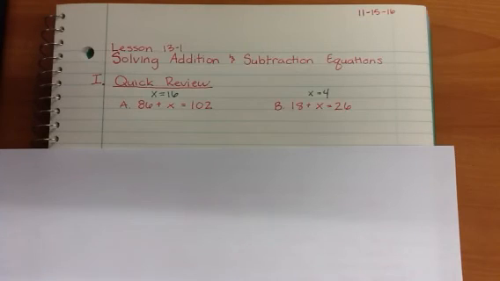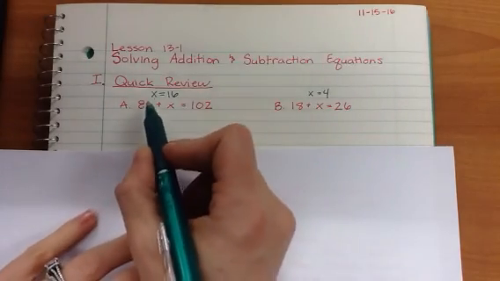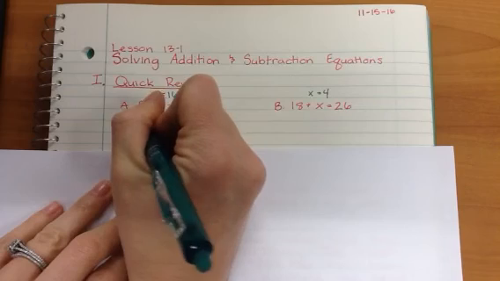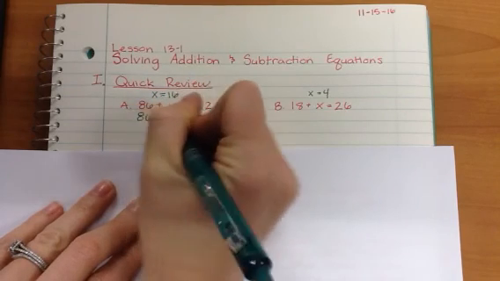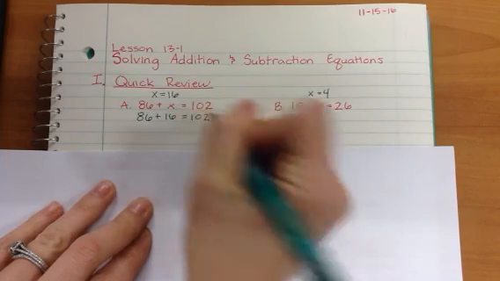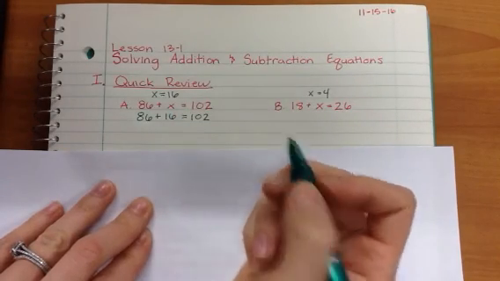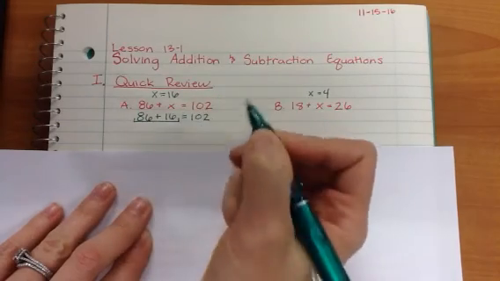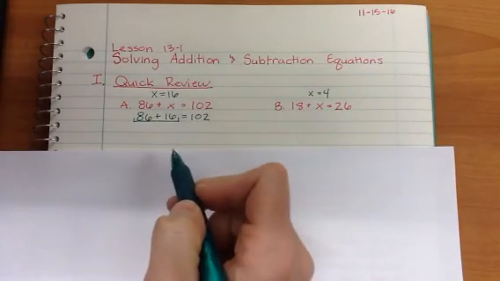Okay, so let's go ahead and work through these quick review problems. So first off, for A, I have x representing 16, so I'm going to rewrite my equation as 86 plus 16 equals 102. I now have to prove this, and so remember we need to use the brackets to show what we are doing first, and so I need to simplify the left-hand side.